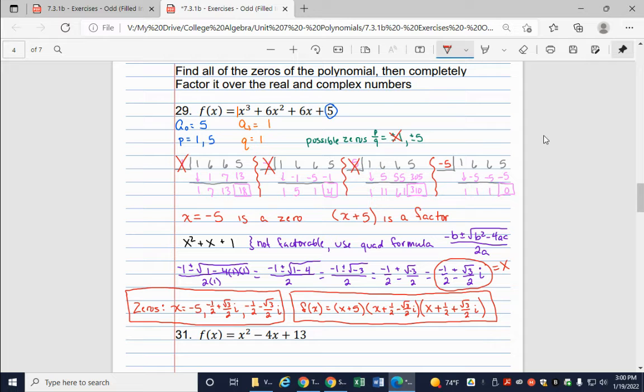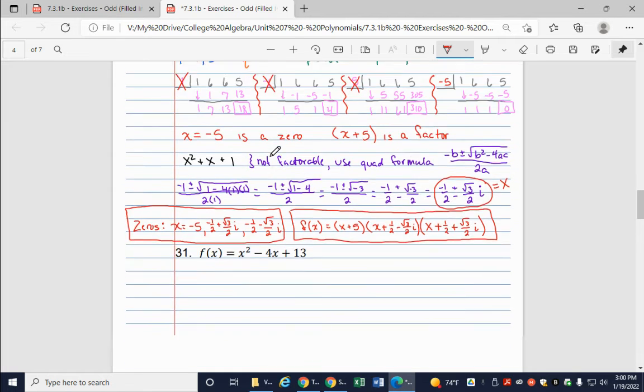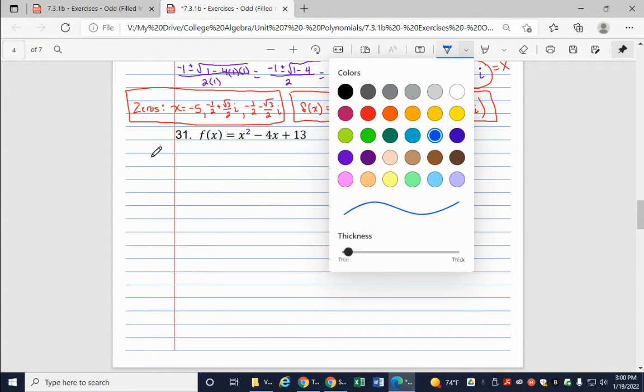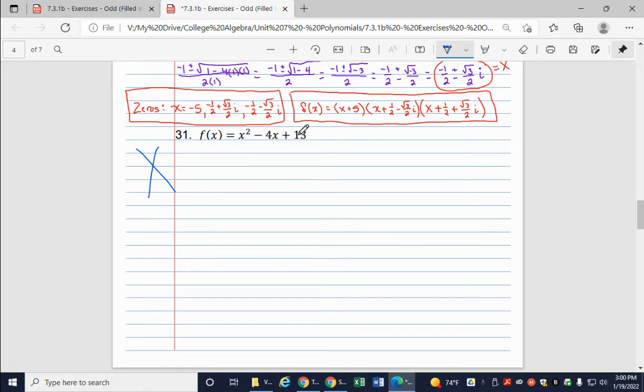All right, we do the same. Well, actually, the next one's easier because the next one is x squared, which means I don't have to do all this guessing. Anytime it's an x squared, I can go straight to the quadratic formula, right? Unless it factors. You could check to see if it factors. I have a 13 on the end, a 1 in the front, so 1 times 13.